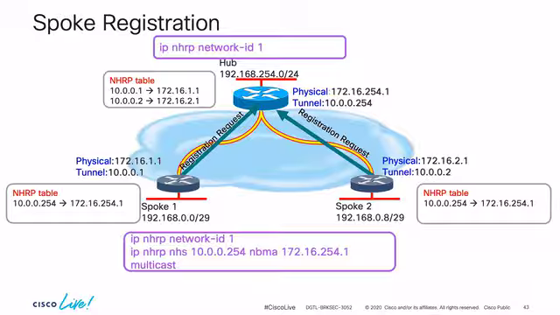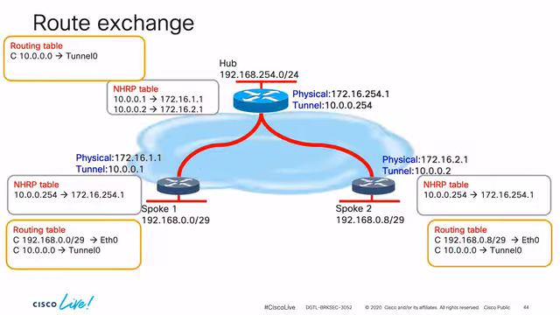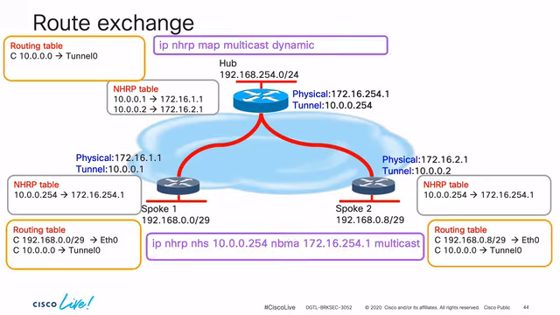So basically this is how the spokes register to the hub. Next, the route exchange happens. For a route exchange to happen, remember I did talk about this, we need to have these mandatory commands called IP NHRP map multicast dynamic on the hub.